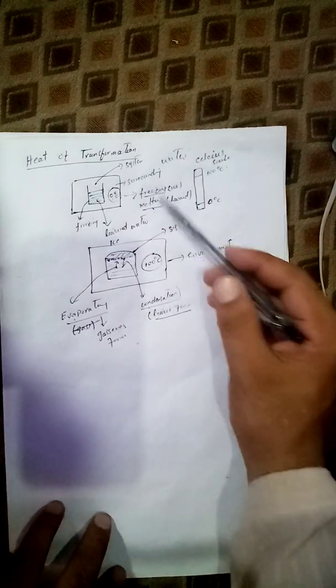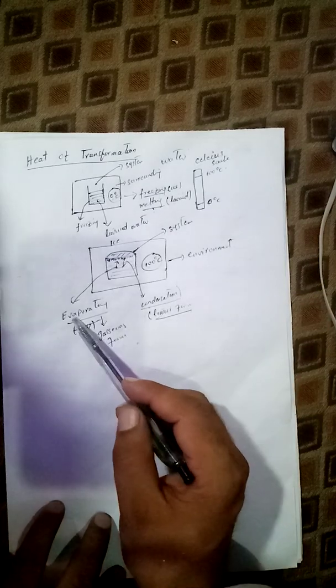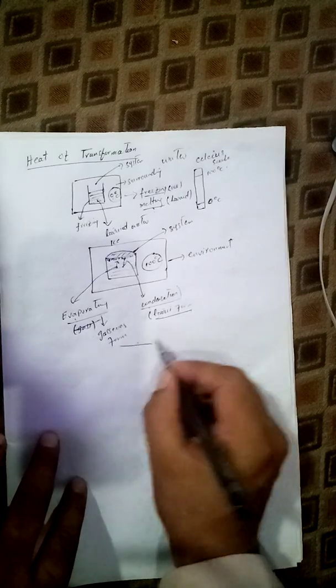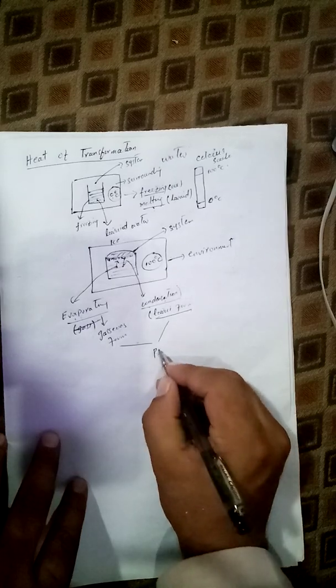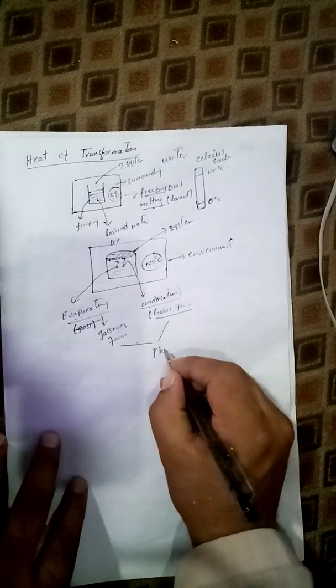Only a change of state or phase occurs, like freezing to melting or melting to freezing, or evaporation to condensation or condensation to evaporation. We call this a phase transition.